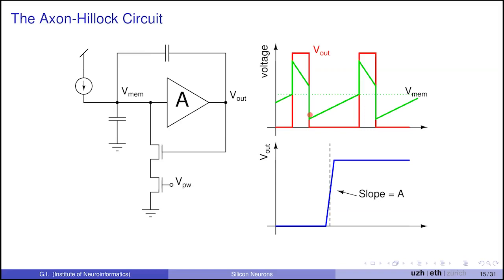And then V out would go back and we would repeat. Vmin would just go up. It would not spike. It would just start to reset. It would discharge, it would switch, but V out would still be a nice digital pulse. So you could still create digital spikes at a rate that is proportional to the input current. So it works as an integrate-and-fire neuron, but without having the positive feedback.